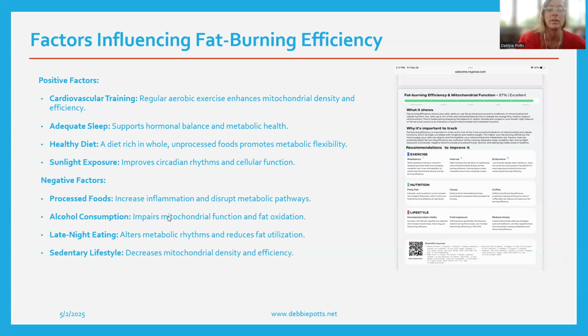So we want to make sure we're getting our nutrients, getting polyphenols from other foods, antioxidants, but really working on avoiding impairing the mitochondrial function and fat oxidation with alcohol consumption. I don't drink very much, and if I do, it's 2 drinks maximum, and I don't drink more than 2 nights a week if I drink at all. And my go-to drink is a vodka with sparkling water, club soda with some lemon lime, muddled mint or something.